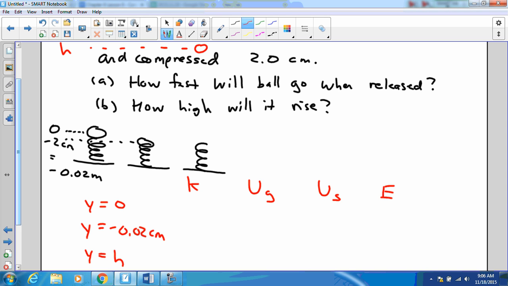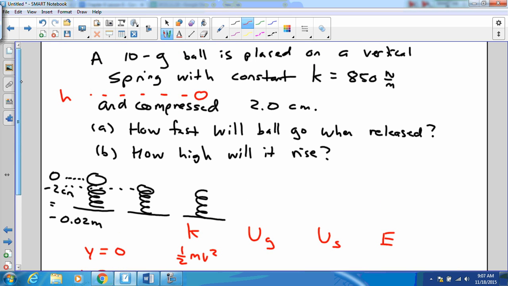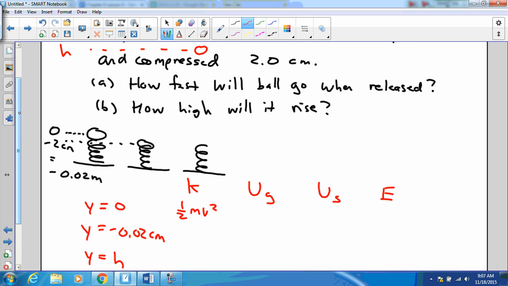So let's analyze it right at this point, when it's going at a high rate of speed upwards. It's going to have a speed, and we don't know what that speed is. It's 1/2 mv squared. We know the mass, 10 grams, or 0.01 kilograms. So our kinetic energy is 0.005 v squared.